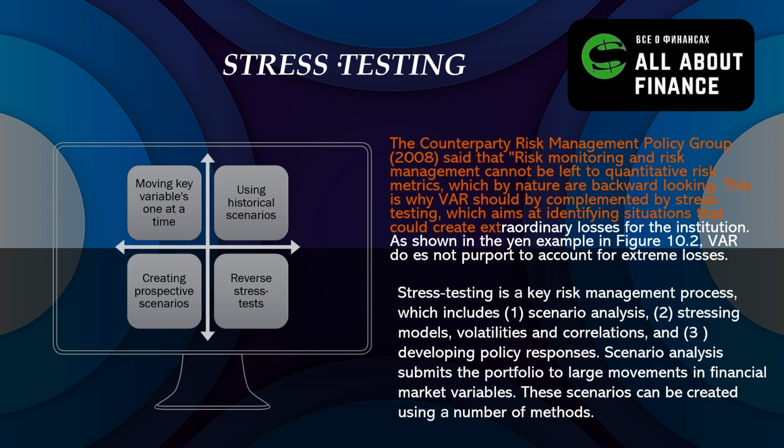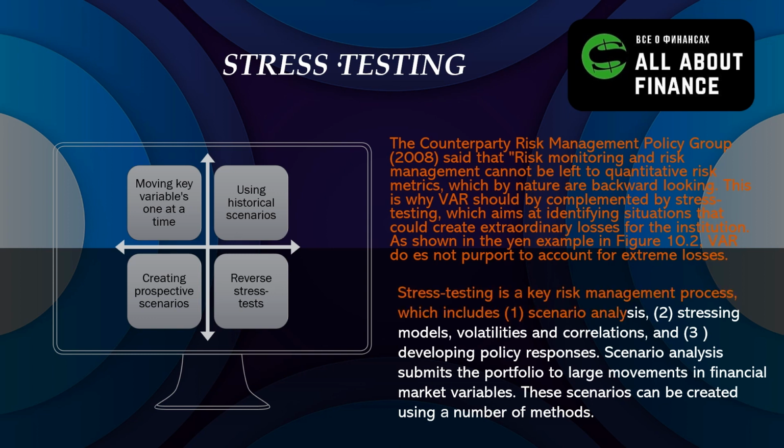As shown in the yen example, VAR doesn't purport to account for extreme losses. Stress testing is a key risk management process, which includes first, scenario analysis, second, stressing models, volatilities, and correlations, and the last one, developing policy responses.